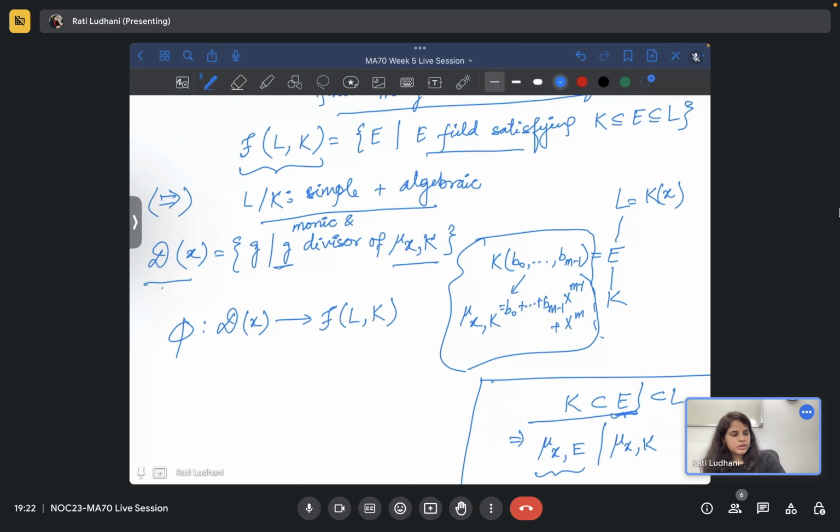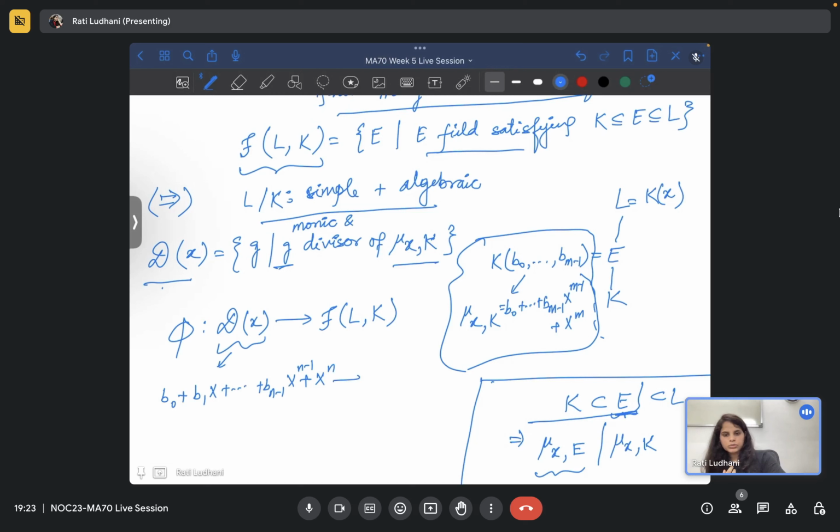Okay, anyway, so yes, D_x is this. Define a map on monic polynomials: a polynomial b0 + b1x + and so on up to b_{n-1}x^{n-1} + x^n, because we have monic polynomials here.